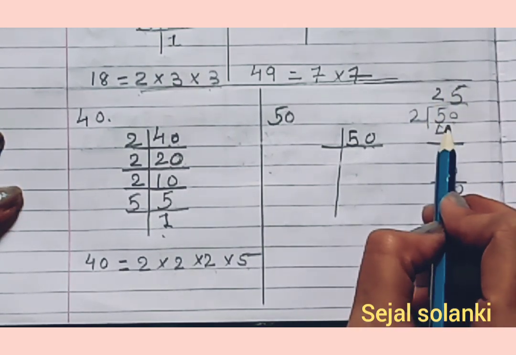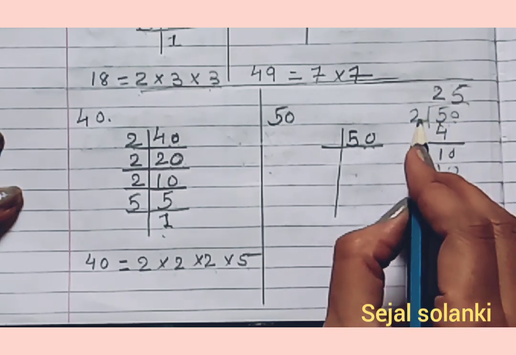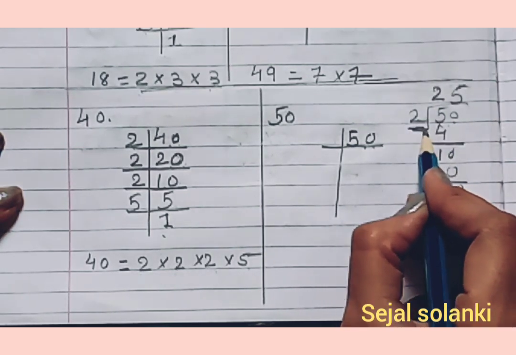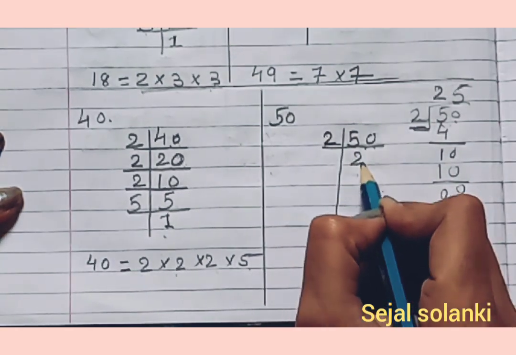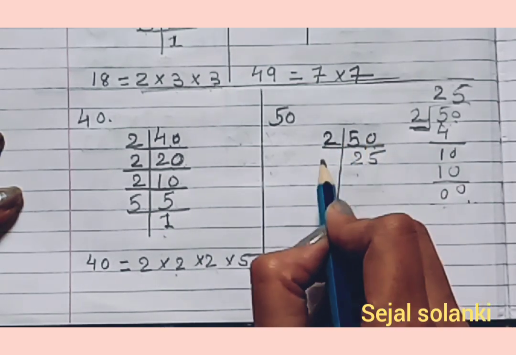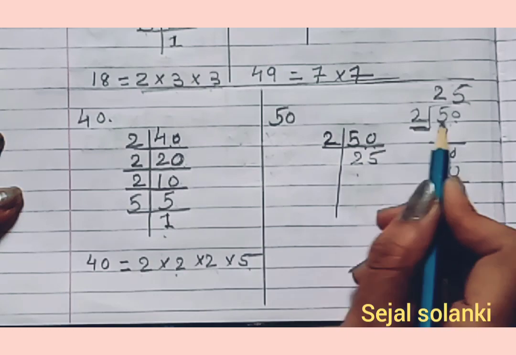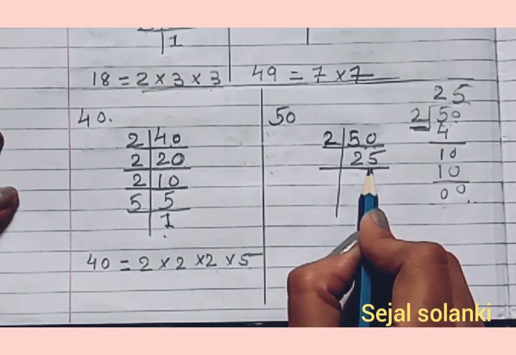25 2s are 50. Among these 2 and 25, which is the prime? 2 is a prime. So which side will we write this 2? Left side. So write 2 here at the left side and 25 down. Again 25. Now is 25 even or odd?